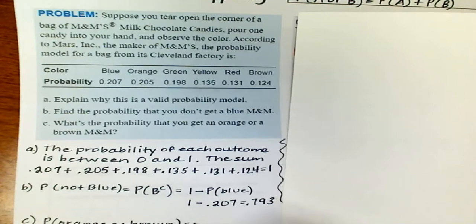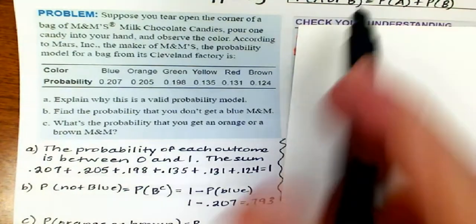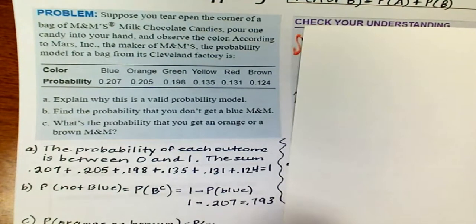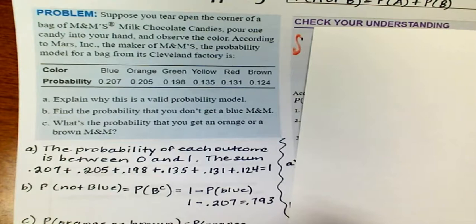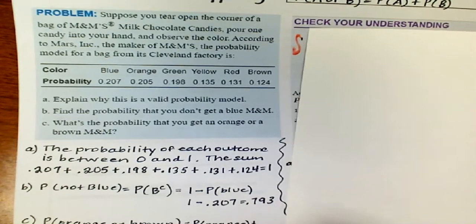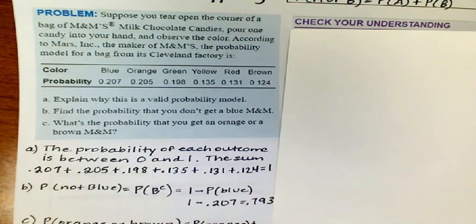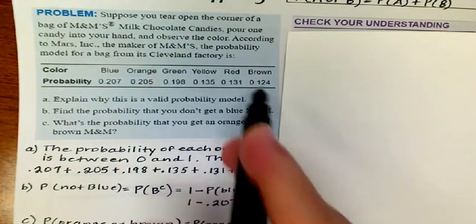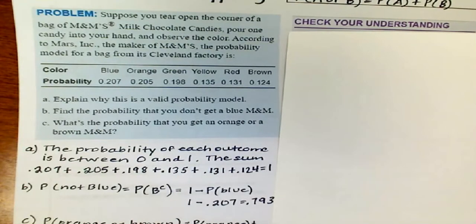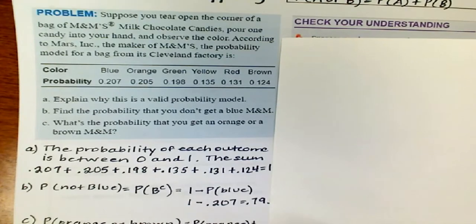So our rule says to find the probability of orange or brown, you just find the probability of orange and you're going to add that to the probability of brown. So the probability of orange when you look up here is 0.205 plus the probability of brown is 0.124. So when you add those two together, you end up with 0.329.